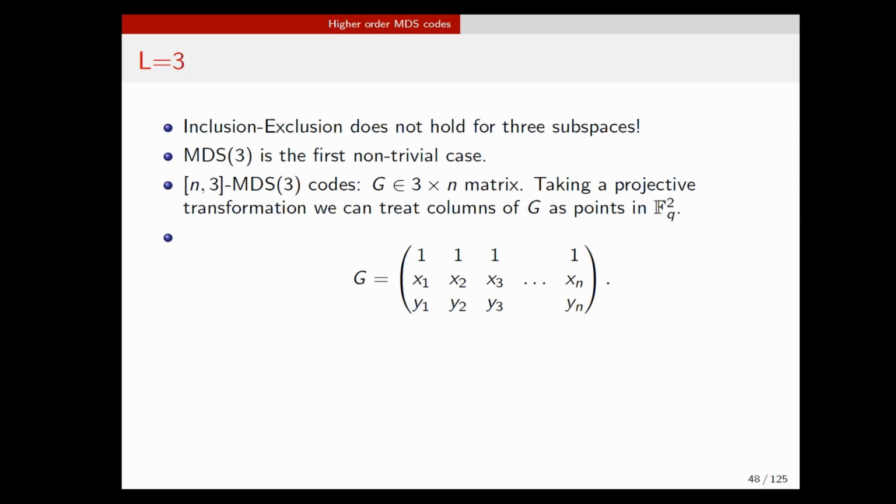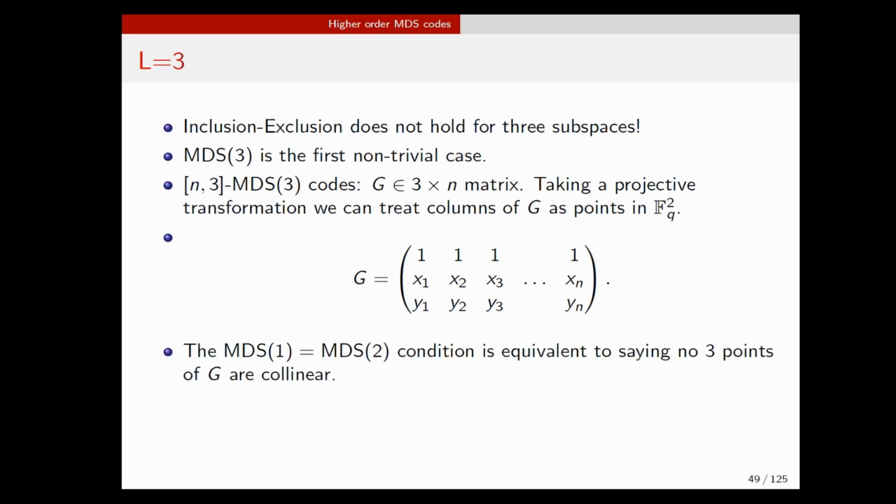I just look at n points in the plane, and that's what defines my generator matrix. And what's the MDS1 and MDS2 property? That's the MDS property. That means every 3 cross 3 subdeterminant should be nonzero, meaning this determinant should not vanish. And that's the same as saying that the points (x1,y1), (x2,y2), (x3,y3) are not collinear. So this MDS1, MDS2 property is the same as saying that no 3 points in G are collinear.